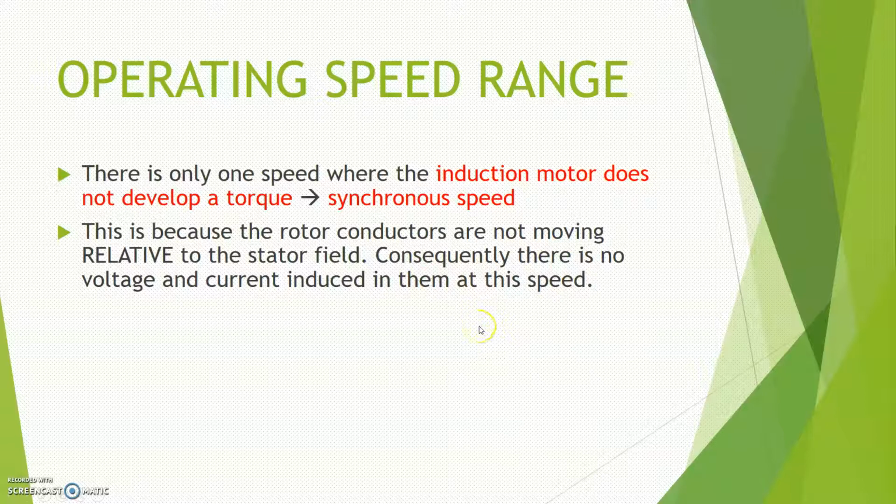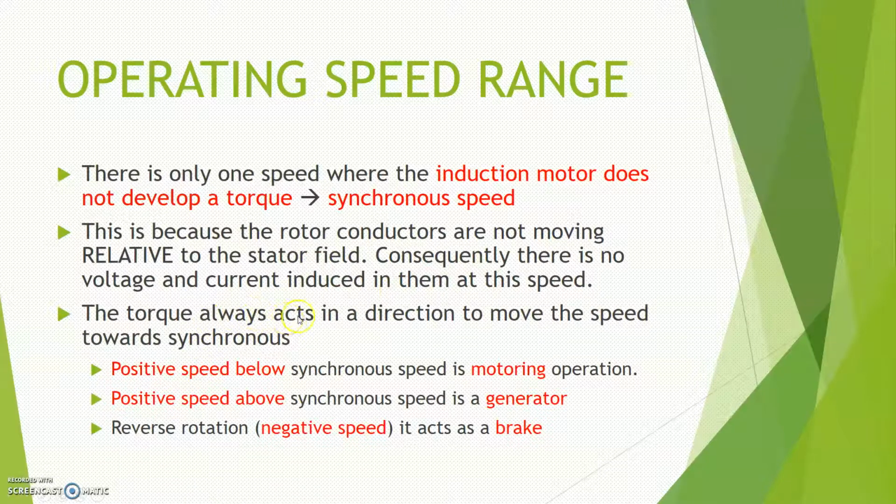That's why we must make sure Nr is less than Ns in order for the machine to become a motor, or Nr must be larger than Ns in order for the induction machine to act as a generator. It cannot be equal, because then there will be no voltage and no current induced in the machine. The torque always acts in the direction to move the speed towards synchronous.